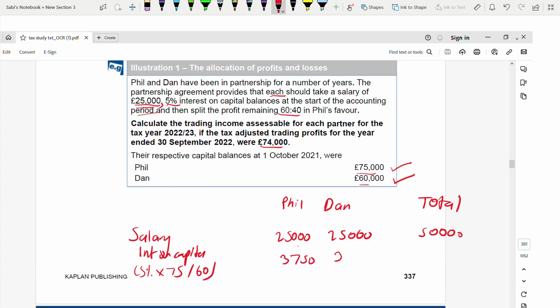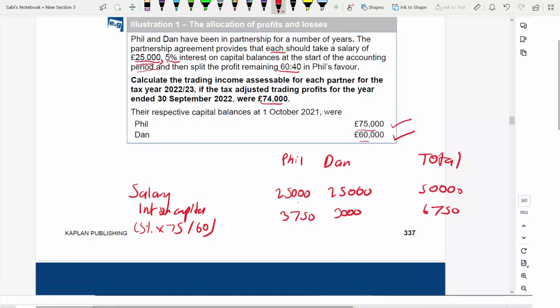Then we have 3,000 for Dan. Together it makes 6,750. Now the total is 56,750.